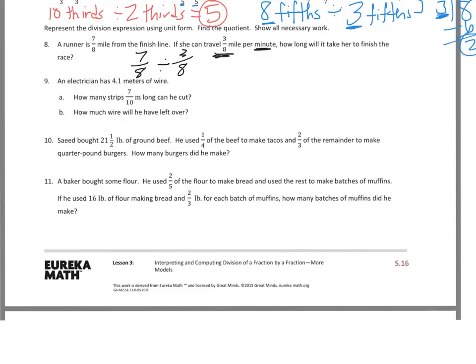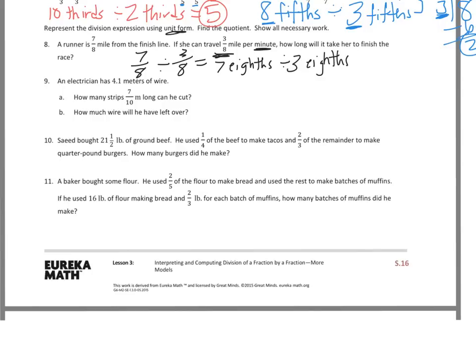So the directions stated represent this in unit form, then find the quotient, show all necessary work. So I'll do a diagram of this one too. So this means 7/8 divided by 3/8.